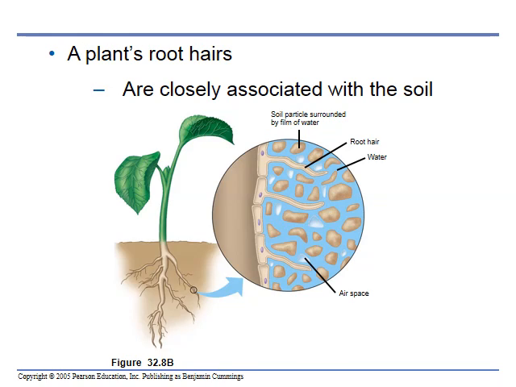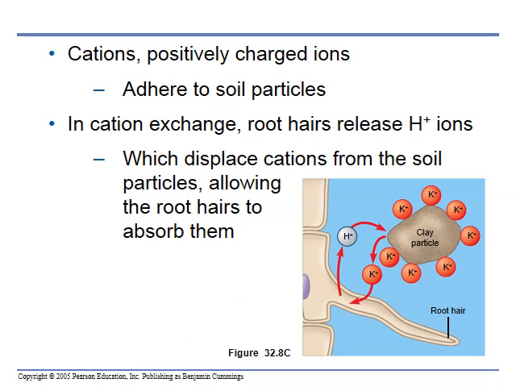All right, the plant root hairs are closely associated with the soil. So again, you can see in the diagram that these are at the level of a single cell. All right, cations are positively charged ions, and they adhere to soil particles. They stick to it.